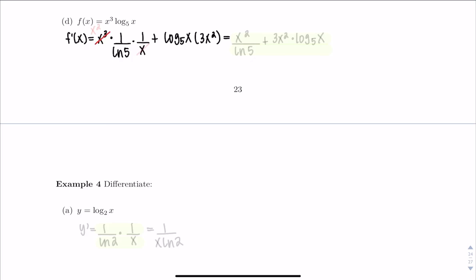This x cubed and the x down here will cancel, and we're left with an x squared on top. And so what we have is x squared on top over ln of 5 plus 3x squared times log base 5 of x.